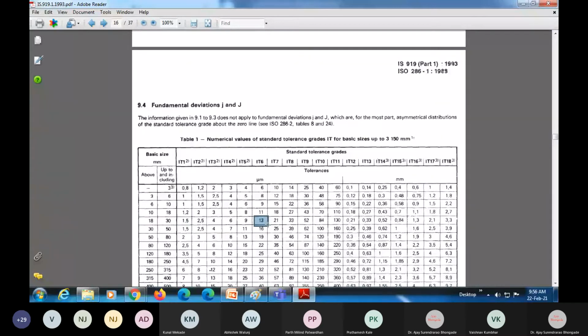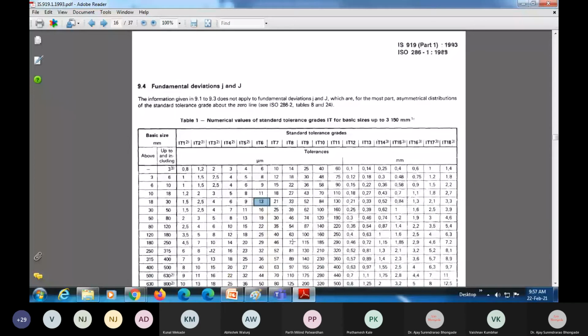What is the value of that IT? So whatever standard tolerance we worked out using that numerical, that is already given here. So for the 18 to 30 mm diameter step, and for IT6, we know that it is 13 micrometers. Now all these things have been given in micrometers, right? So 13 micrometers will then be the standard tolerance for that. Similarly, we can work it out for all the other figures.